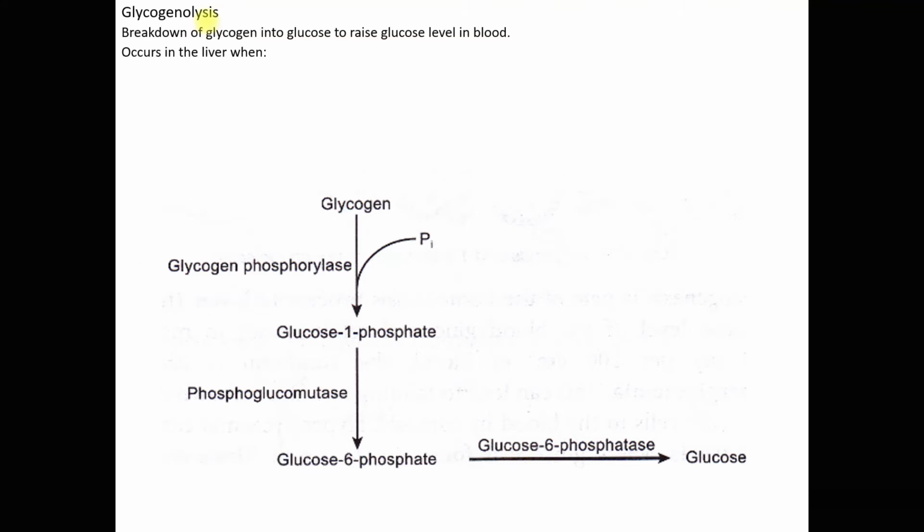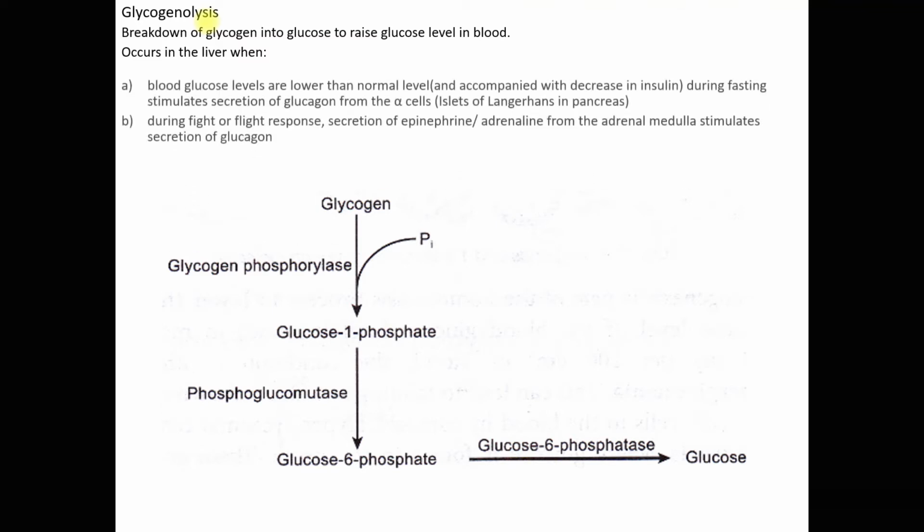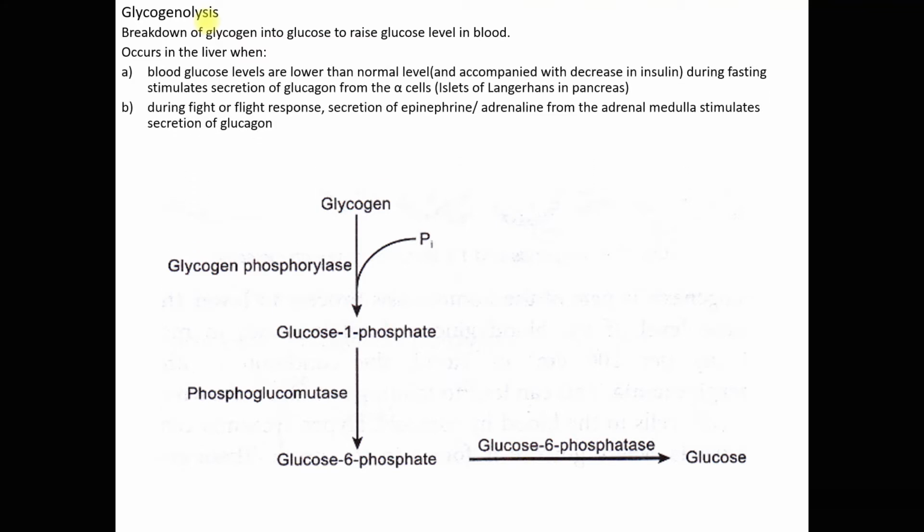So how does this process occur? First things first, glycogenolysis is defined as the breakdown of glycogen into glucose, with the purpose of raising the glucose level in the blood. It occurs in the liver when certain conditions trigger it. So there are two conditions here.